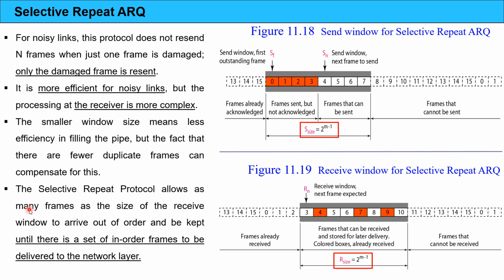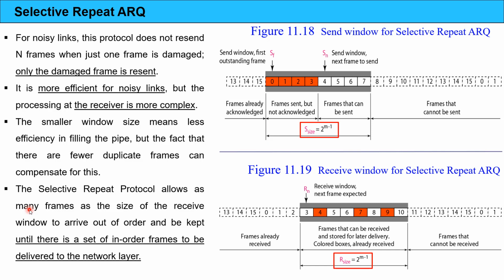Once I get an in-order frame, I will deliver it to the network layer. So if I receive 4 and 7, I will not deliver them to the network layer because they are out of order, and the network layer is waiting for the frames in order. So I will receive them in the first layer and store them, but I will not deliver them to the network layer until I receive in-order frames. So when I receive 3, I will have 3 and 4, so I will deliver them and shift to 5.